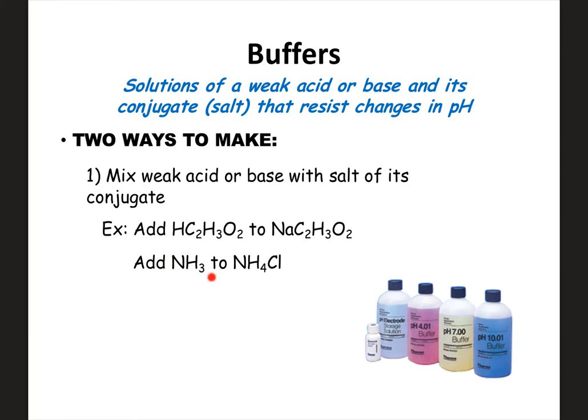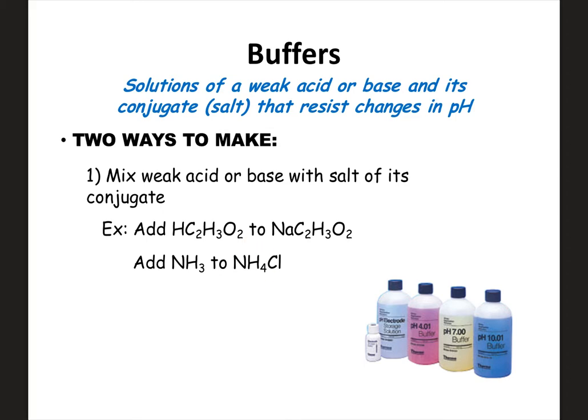Same thing here. NH3 is a weak base. So being able to identify these strong acids and strong bases is important here again, so you can identify the weak ones that exist here. So this is a weak base, NH3, that is going to be added here to a salt of its conjugate. You would need to say, okay, when I add H plus to this, because this is a weak base, NH4 plus is the conjugate.